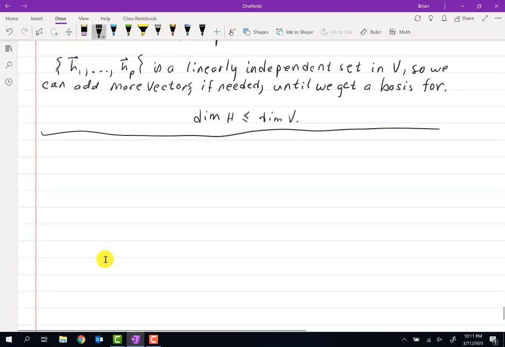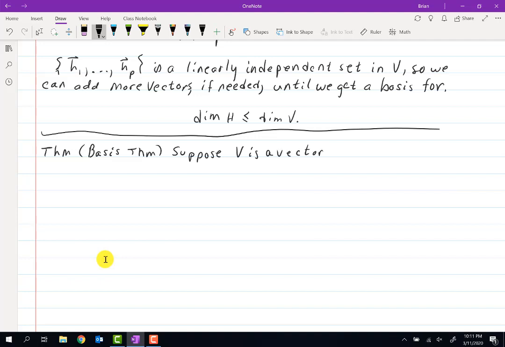And one thing I should mention is whenever you see a theorem with a name, it's important. This theorem is called the basis theorem. So suppose V is a vector space and the dimension of V is equal to n, where n is greater than or equal to 1. Obviously, the zero space doesn't really do anything. Then we have two results.